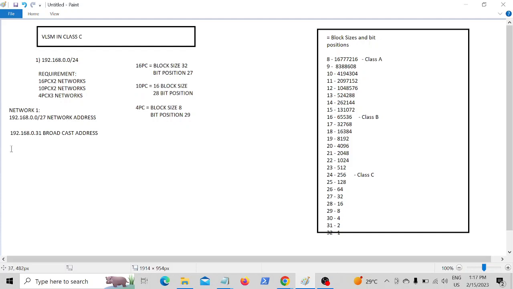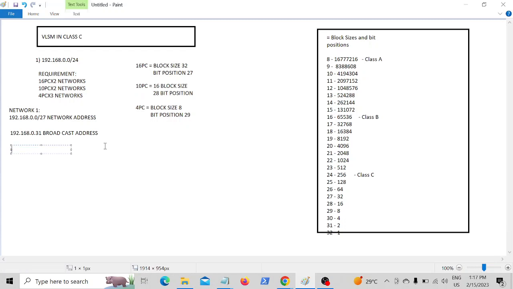Again, your requirement is 16 PC into two networks. So next, I'm going to network 2. In network 2, it will be 192.168.0.32/27 and its broadcast address will be 192.168.0.